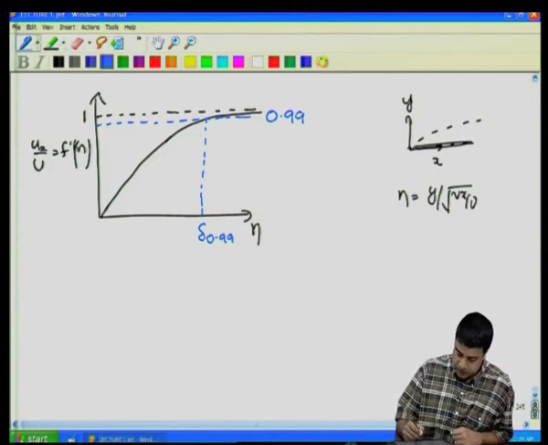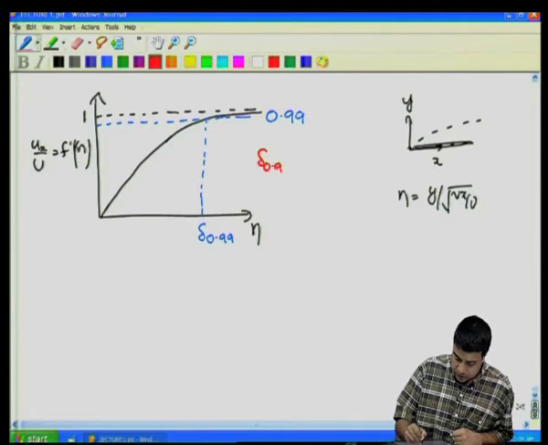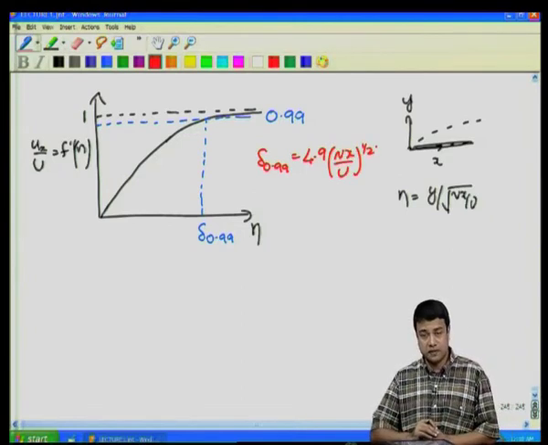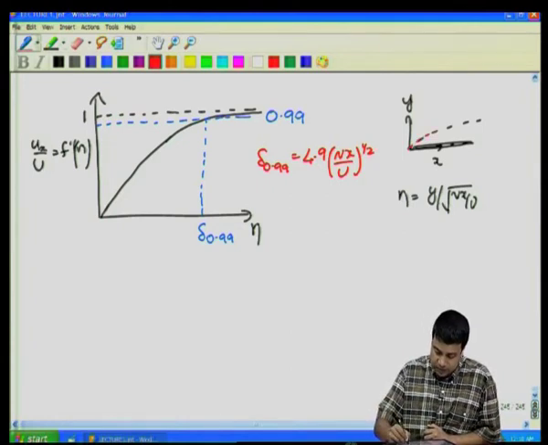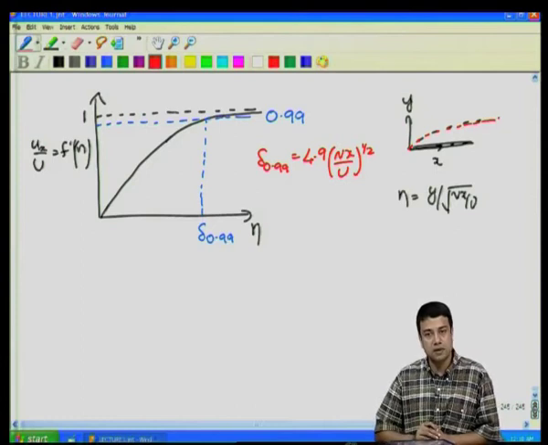And we saw in the last class that delta 99 root u by nu x is equal to 4.9. So, the boundary layer thickness itself is proportional to x to the half. It is increasing as you go downstream. You can see from here the boundary layer thickness is increasing as x to the half as you go downstream.